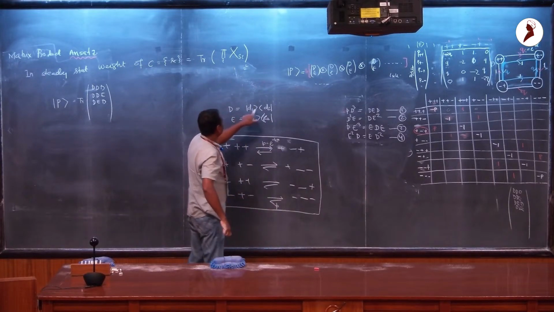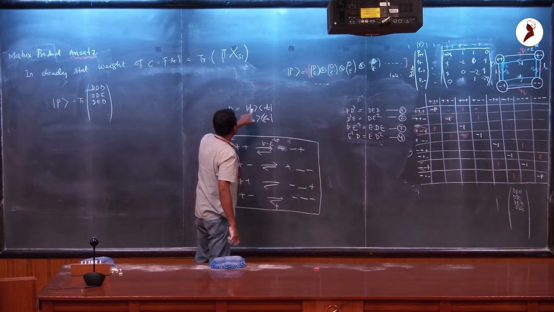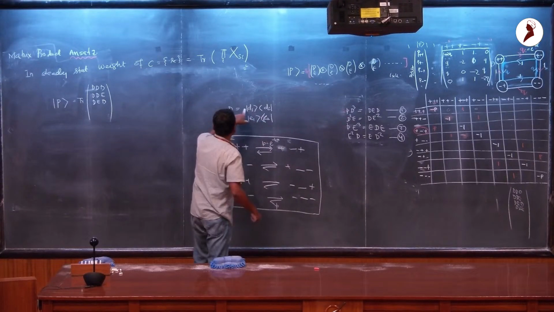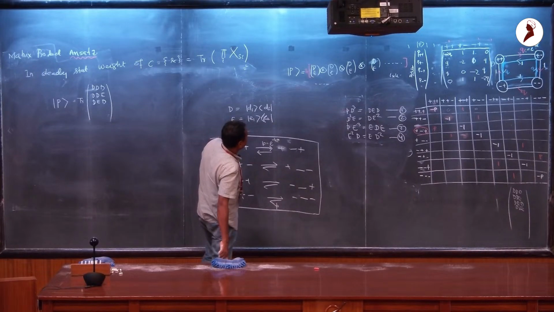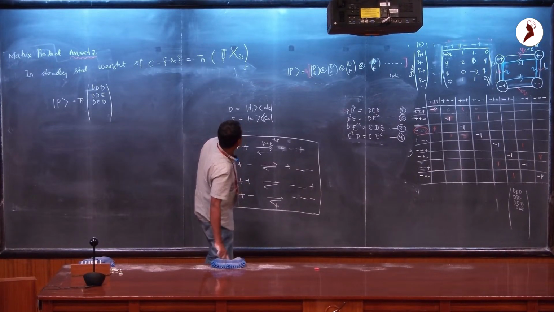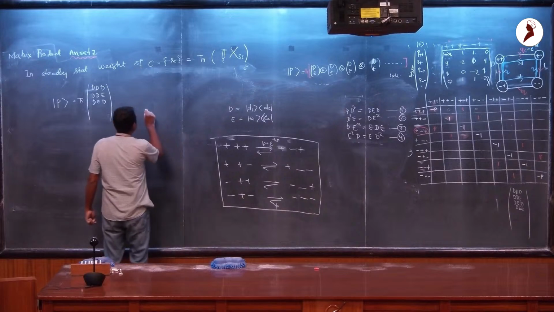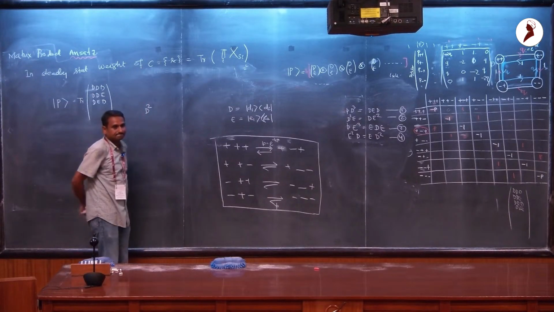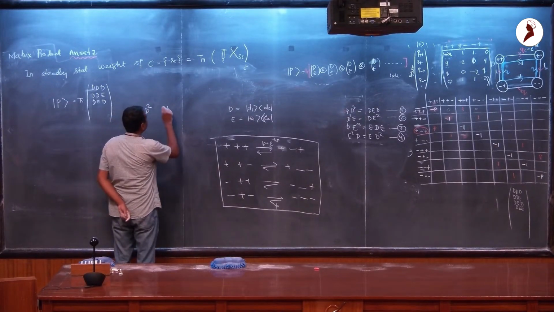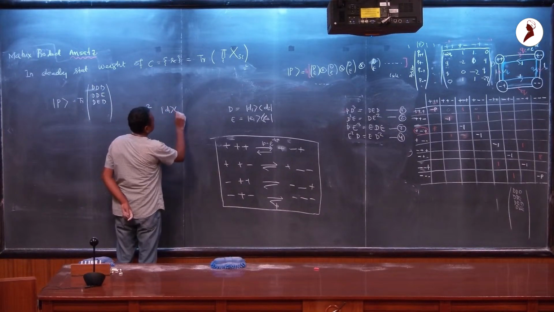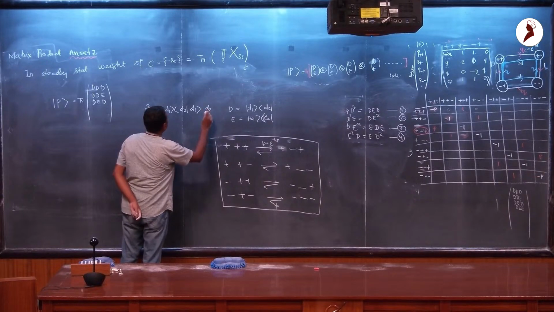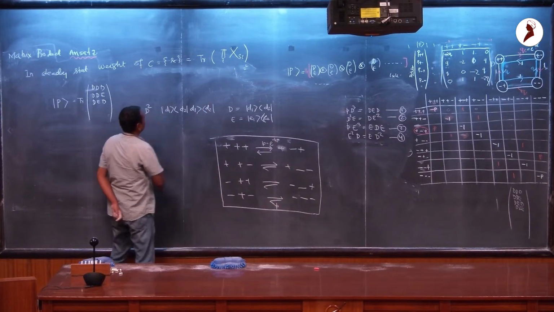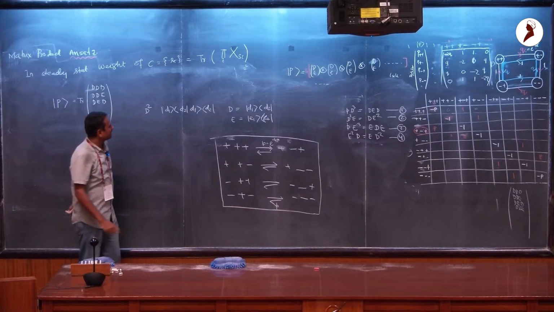First thing, we just say that, so now what is D square? D square equal to D1, D2, D1, D2. Okay. What is D cube?